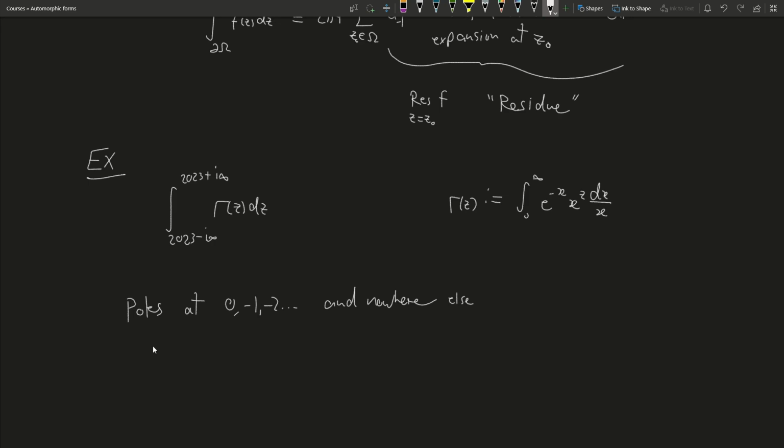And the residues are minus 1 to the n over n factorial. So here, the residue at minus 2 is minus 1 to the 2 over 2 factorial.